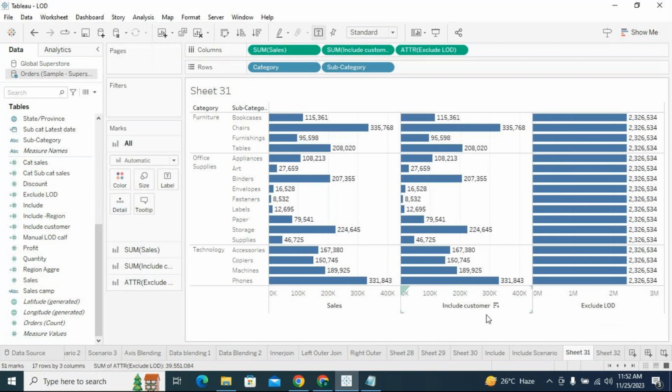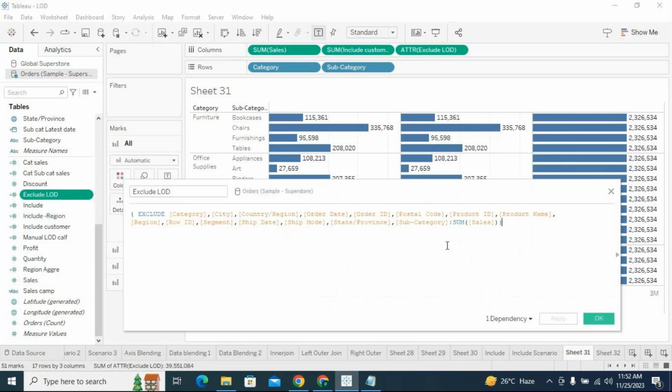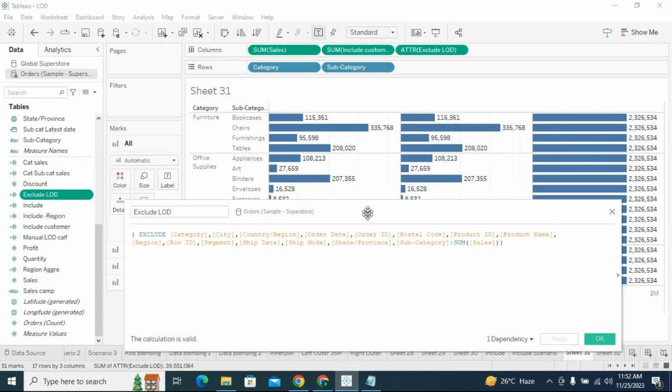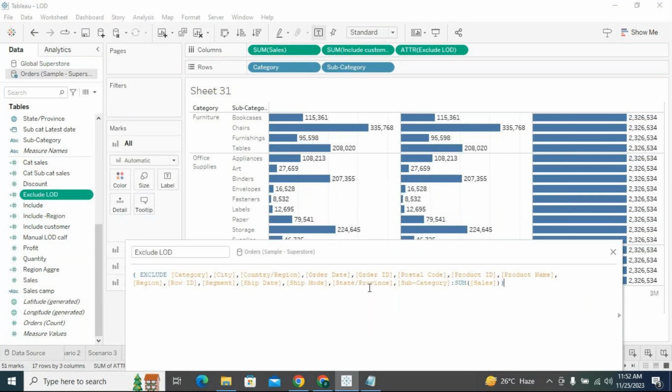Category, subcategory, if you exclude, what happens? Let me exclude the product ID, product name, category.